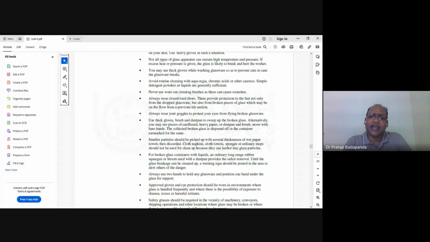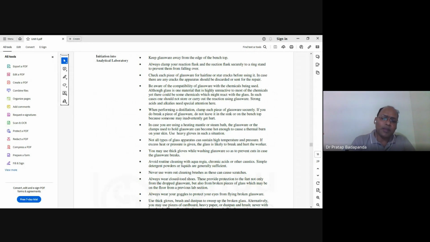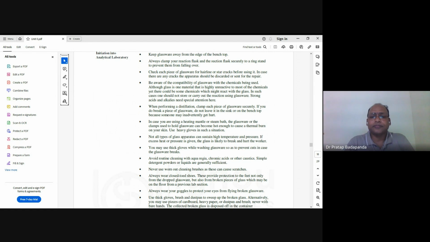As you are doing all the experiments through glasswares, maybe a conical flask, maybe beaker, maybe test tube, maybe pipetting rod, maybe burette, whatever it may be, that should be properly cleaned and rinsed with the proper chemicals. That is the most important thing. It is written over there.